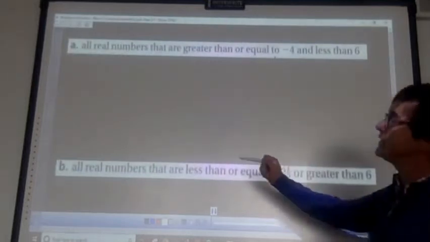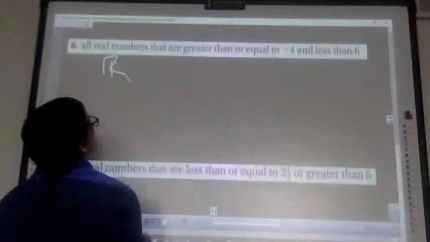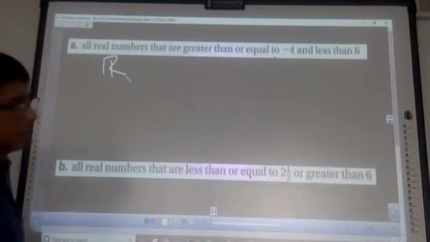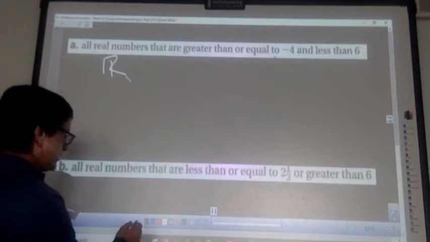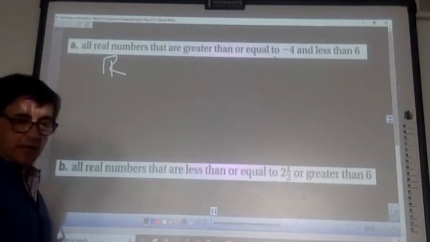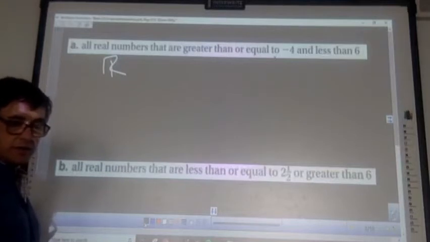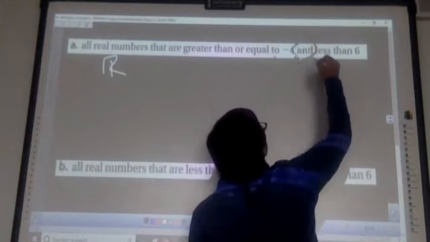Second one, so write the all real numbers like we talked about. Greater than or equal to -4, less than 6. Is this top one an and or an or? Somebody unmute and tell me and or. And? Yeah. Okay, right? It says and right there.